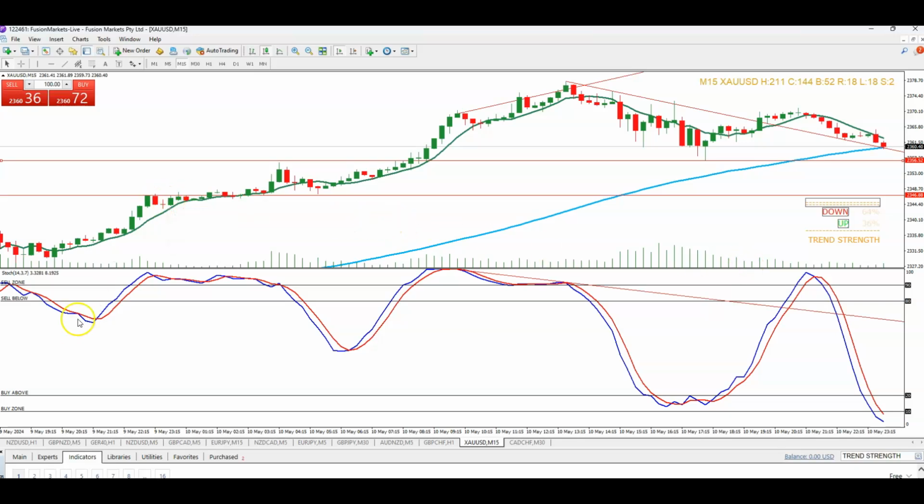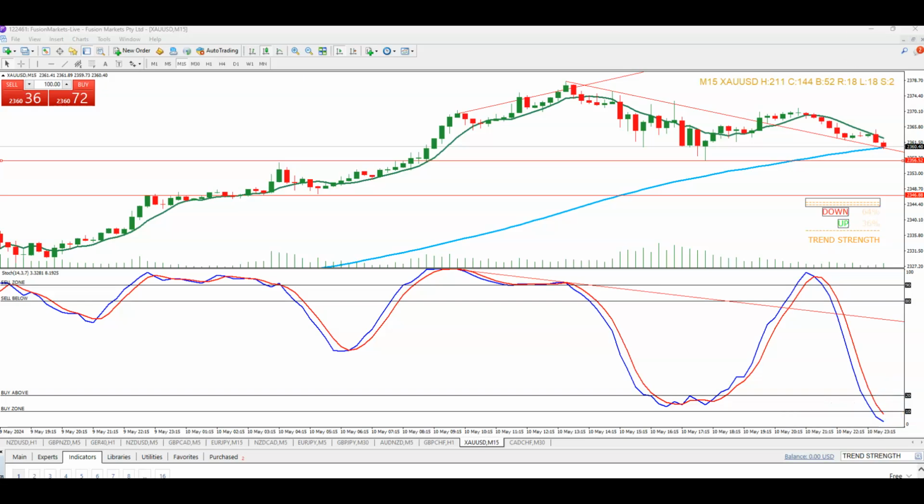So the first thing we note here is stochastic now has come down into a very important area of 10. This area here is 10. This is the buy zone. So we're waiting for the price to come back into the buy zone. You can be buying it here or even here.